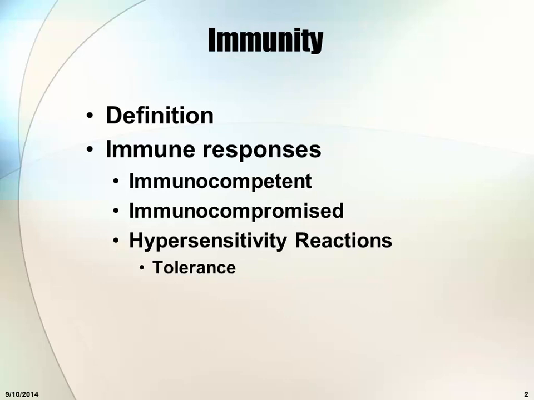Let's talk about immunocompetent, which is what I want, you want, we all want. It's a system that responds appropriately and destroys antigens. It's able to recognize itself and recognize its non-self, so it's not going to destroy itself. Autoimmune diseases can't do that.